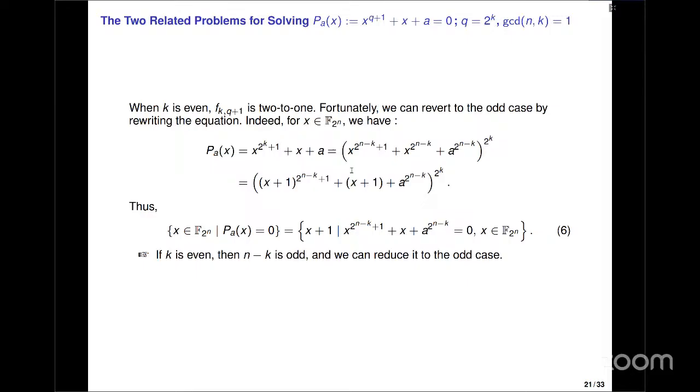Otherwise we would have to find another approach. And this is good news: when k is even, n minus k is odd. So exactly the same situation as before. We just replace k with n minus k, and x with x plus 1 at the end. So the whole story is solved for k odd.